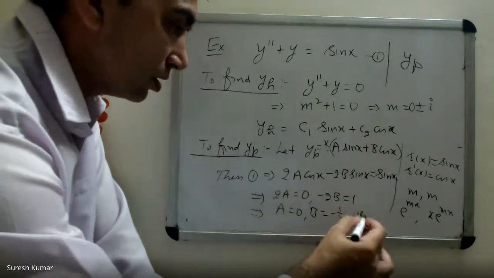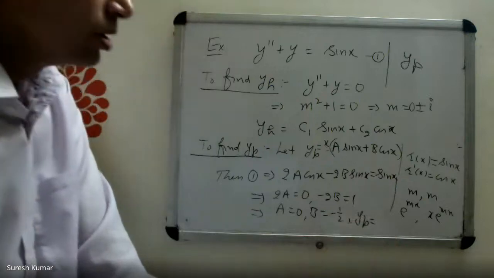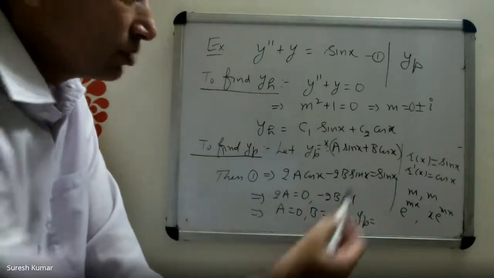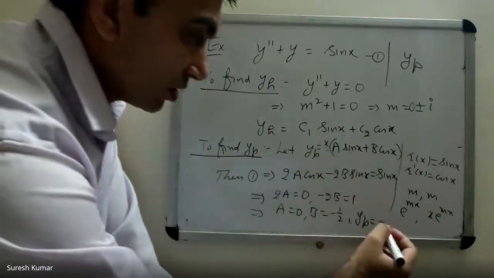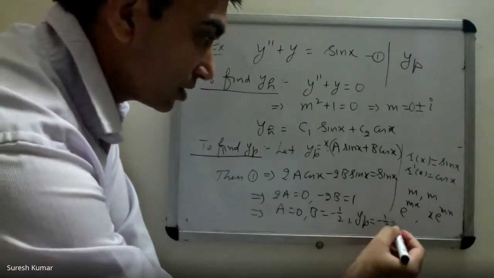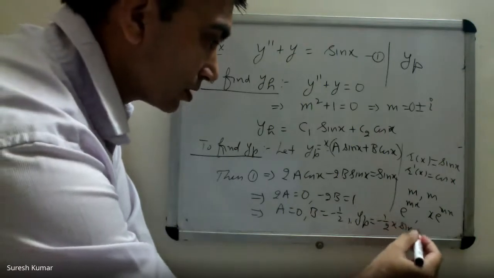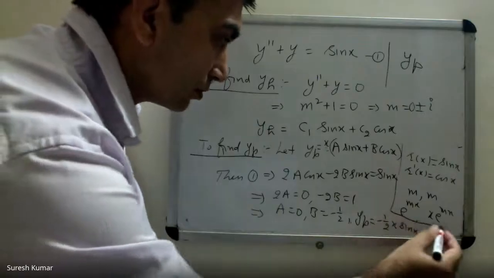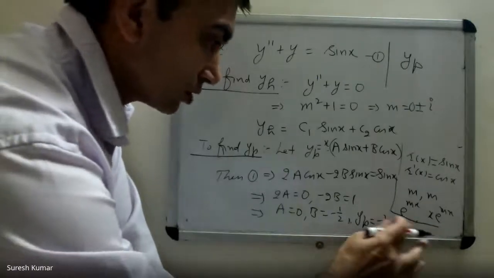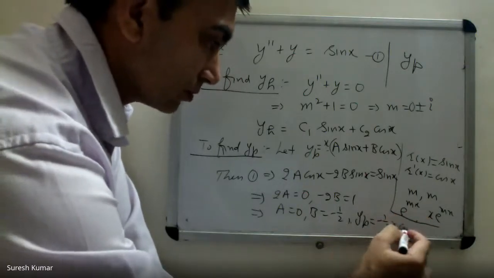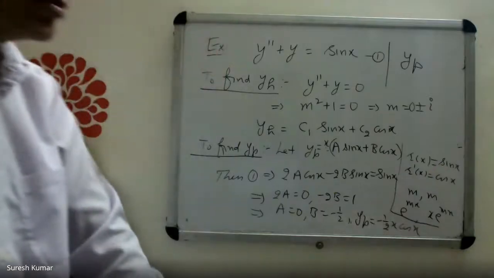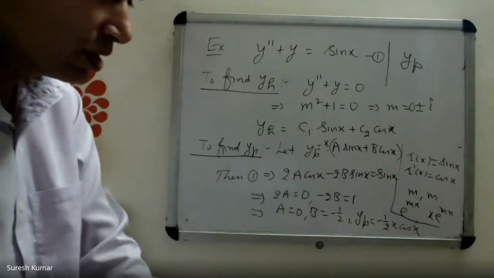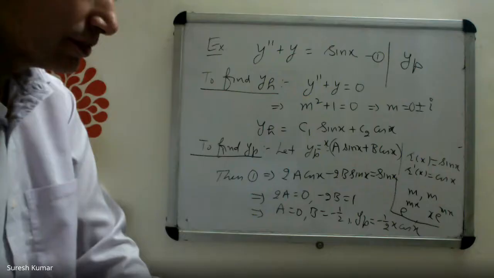So what is yp in the end? B is minus 1 by 2, a is 0, so minus half x sin x. X cos x, not sin x, cos x. Minus half x cos x.